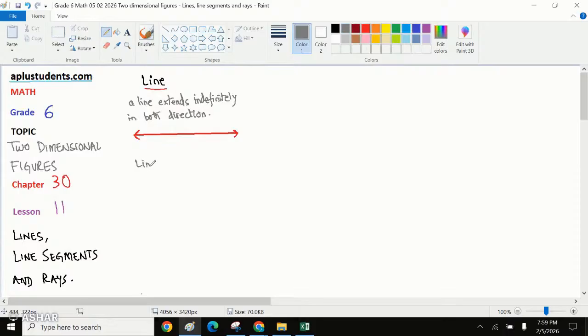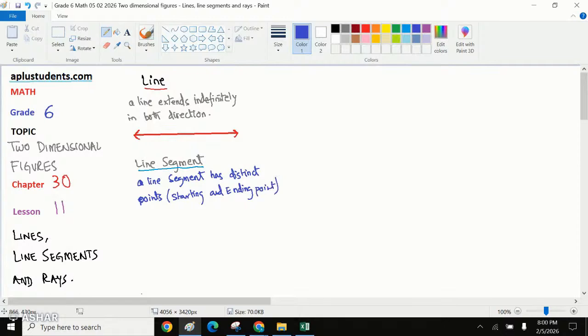The next option is line segment. So what is a line segment? A line segment cannot be indefinite. A segment means a part of a line, and it has distinct points, that means a starting point and an ending point.